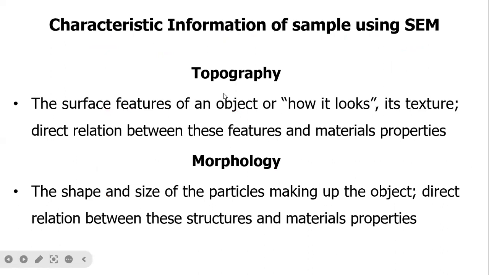Characteristic information of a sample using SEM. Topography: the surface features of the object, or how it looks, its texture, and the direct relation between these features and material properties.